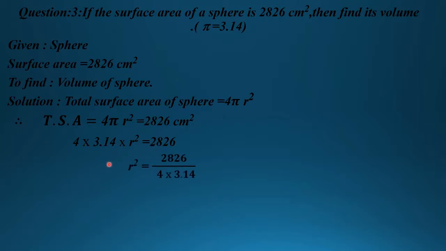Therefore, r square is equal to, bringing 4 and 3.14 to the other side, it becomes division. So, 2826 divided by 4 divided by 3.14. When we solve it, we get r square is equal to 225. Taking square root both sides, we get r is equal to 15 centimeter.